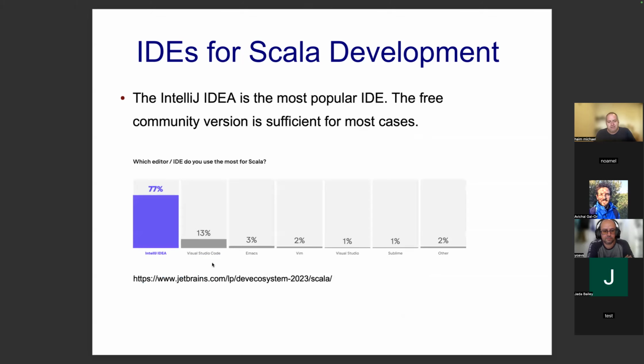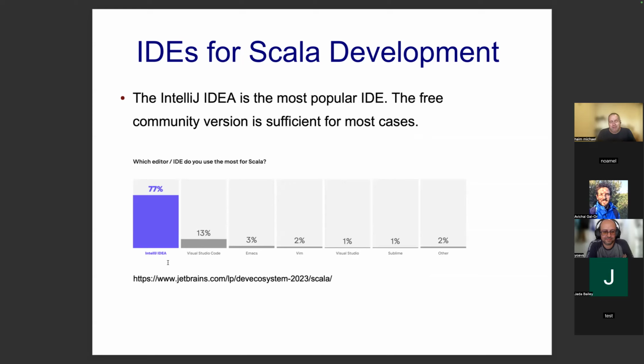If you check statistics, then according to the survey coming from JetBrains, well, this is a bit problematic, counting on a survey coming from JetBrains saying that IntelliJ coming from JetBrains is the most popular IDE, but still, this is also my feeling.